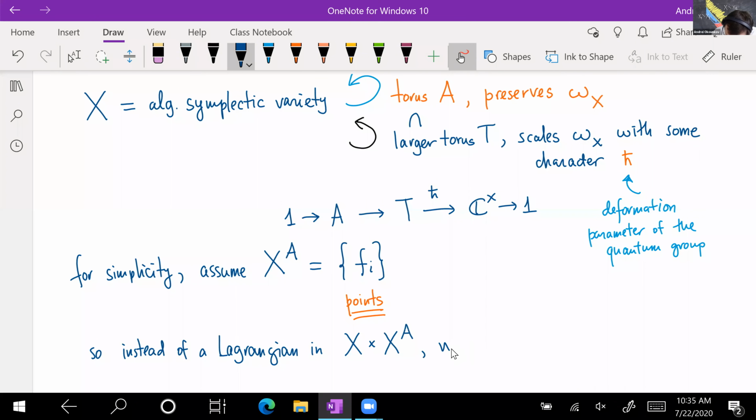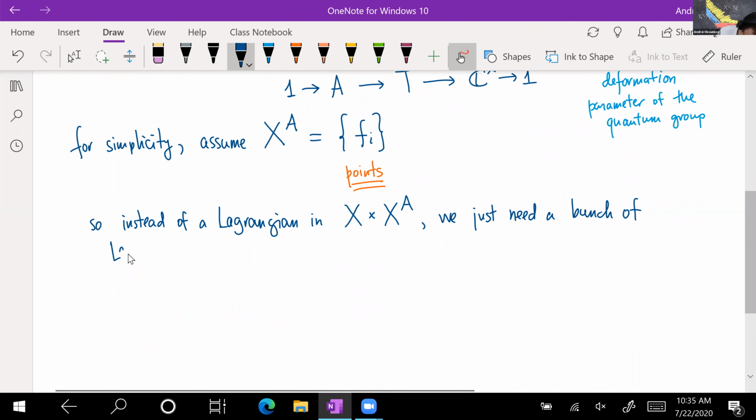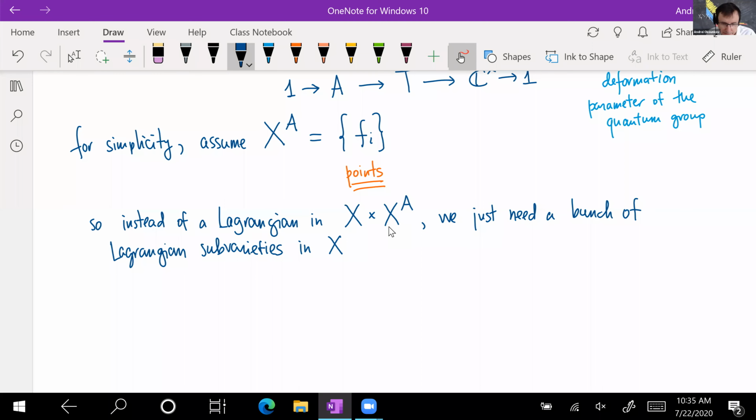We just need a bunch of Lagrangians. This zero dimensional fixed locus is just a bunch of points.